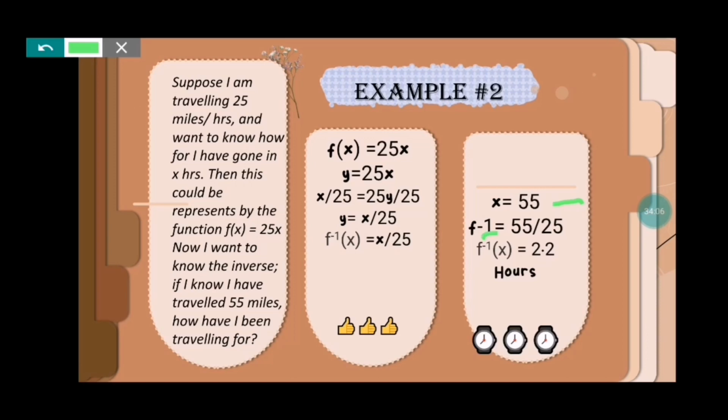We have here f inverse of x is equal to 55 over 25. If we divide it, the result will be f inverse of x is equal to 2.2 hours. Okay. So that will be our answer, 2.2 hours.